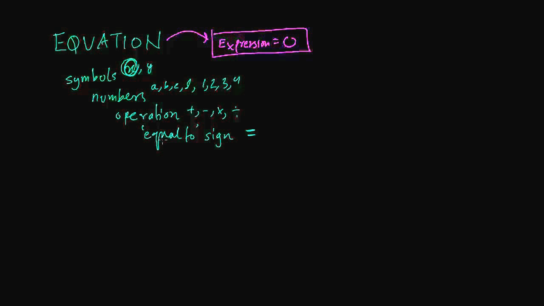Now when we talk about an equation, just like expression, we can refer to examples. This is a linear polynomial expression. If you give equal to 0, it becomes a linear equation. When you have a quadratic polynomial expression, if you give equal to 0, it becomes a quadratic equation.